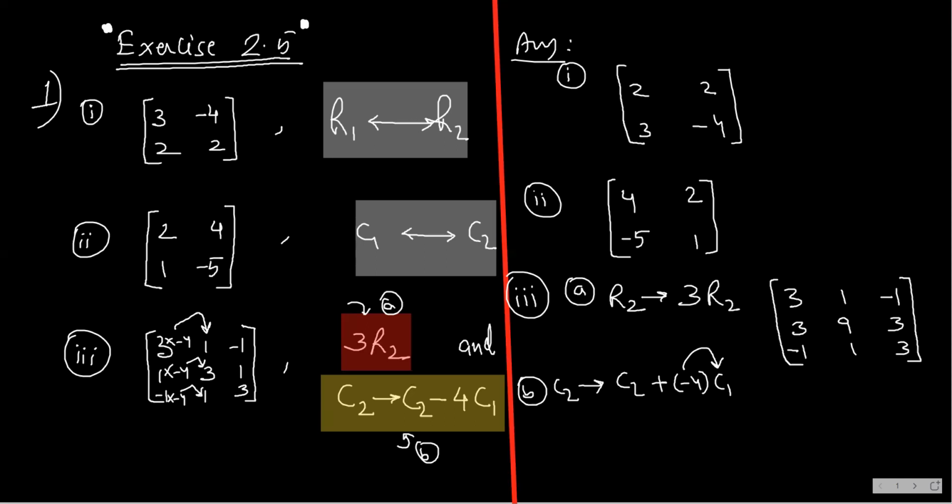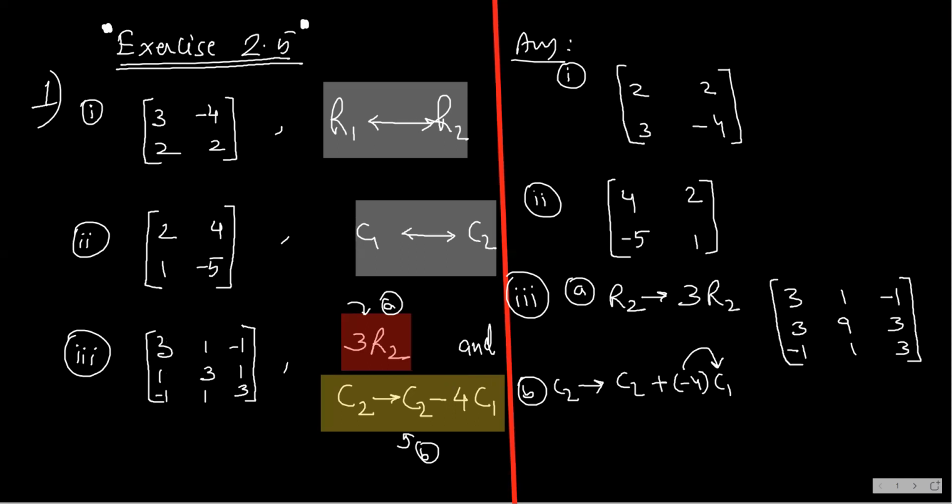If you go by the other way, you are multiplying plus 4 to the elements of C1 and subtracting. So if you are multiplying 4, you will subtract. And if you are multiplying minus 4, you would add. You understand? I hope I have made it clear.